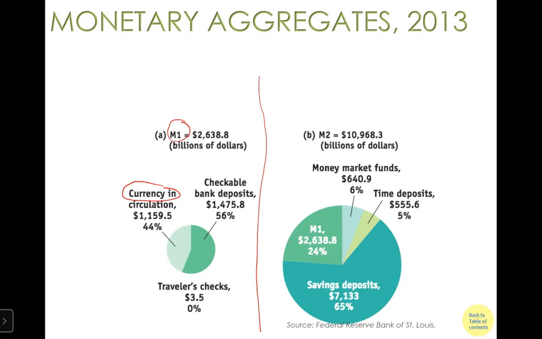The other one is checkable bank deposits. Just think about the money we put in our checking account, right? And then there's a small fraction of M1 that includes traveler's checks. This is essentially a cashier's check, right?